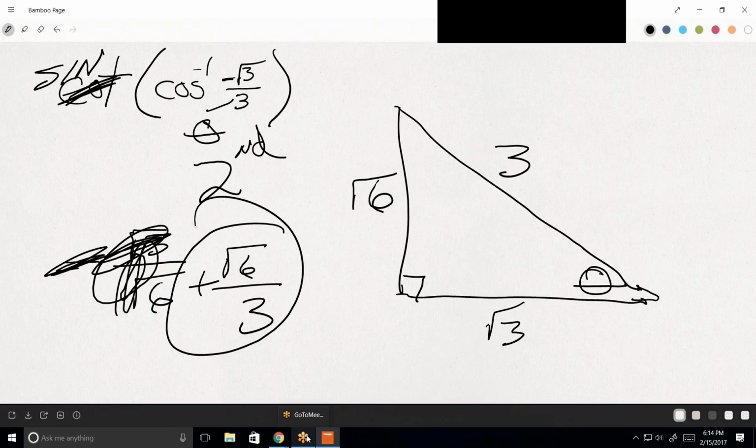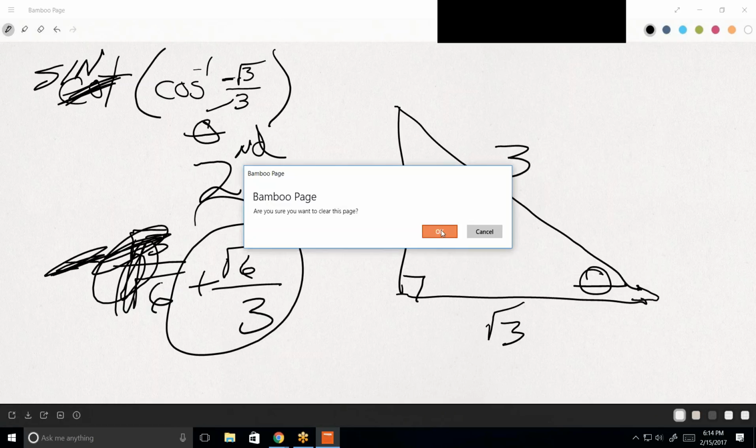So the negatives don't always go together. In the first two problems we had a negative argument, and it ended up being a negative answer, but that's not always the case, as this shows right here. What else?